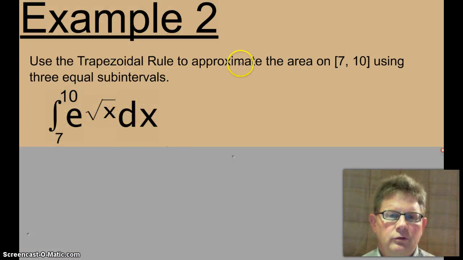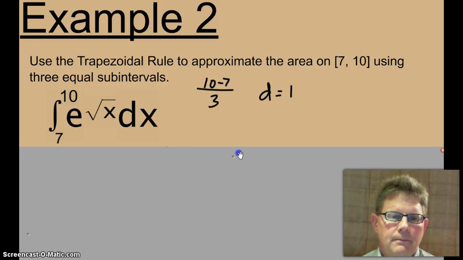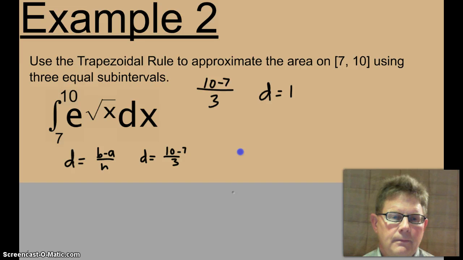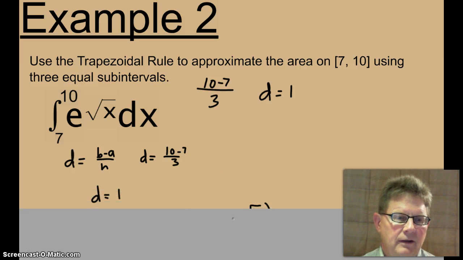Use the trapezoidal rule to approximate the area on [7, 10] using 3 equal subintervals. So 10 minus 7 over 3. So D equals 1. Well, I already did that. Sorry about that.